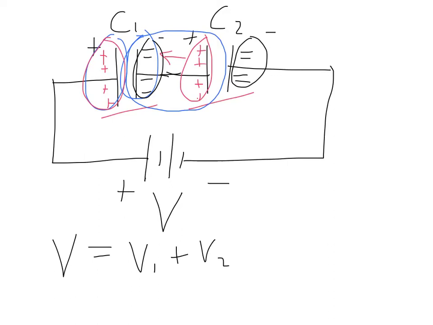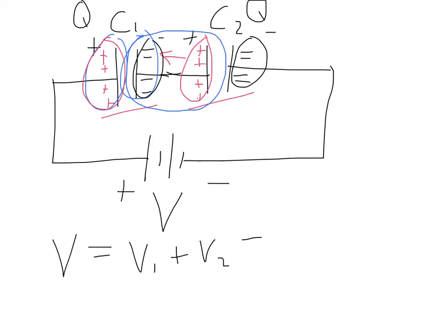Okay, so what we can say then is that on capacitor C1 I have Q here, and I have the same charge here. By necessity, whatever charge I have on the first capacitor has to be the same as the one on the second when they're in series, no matter what the value of the capacitor is.